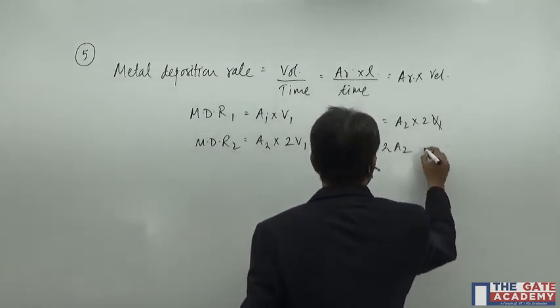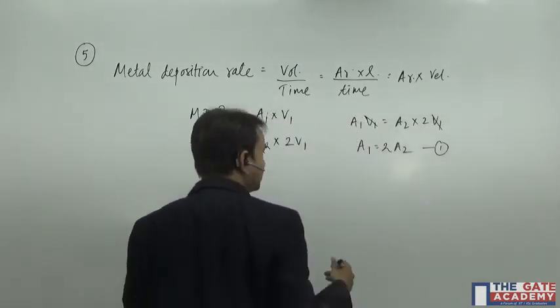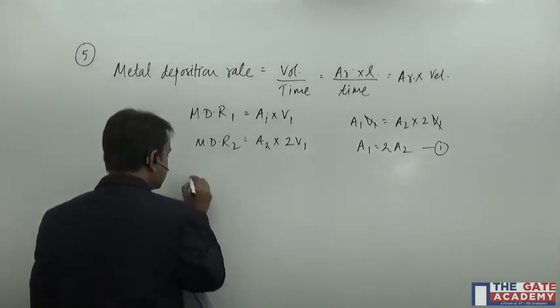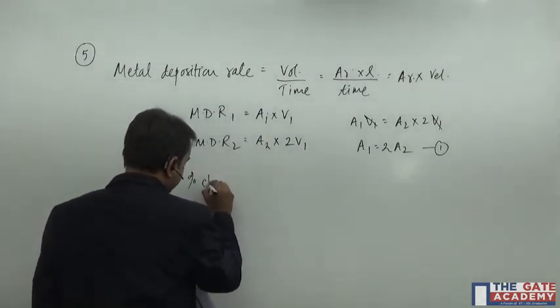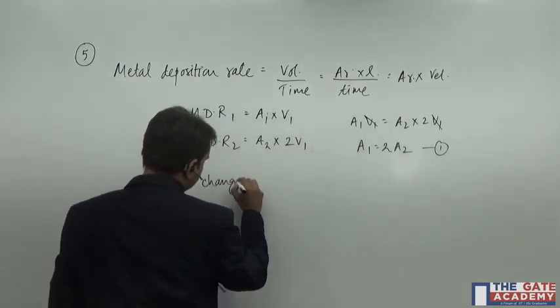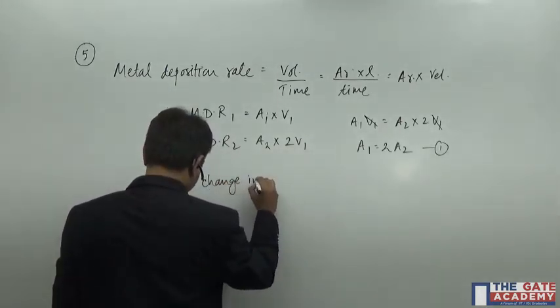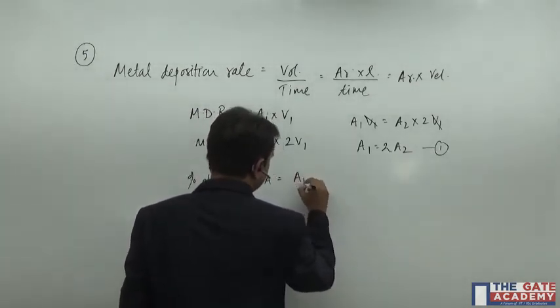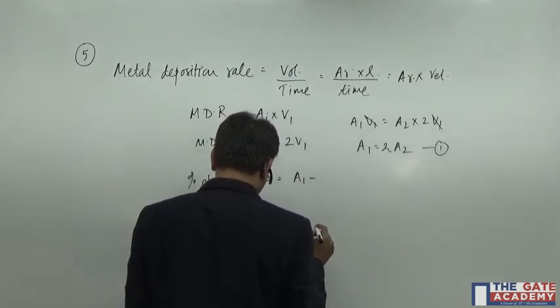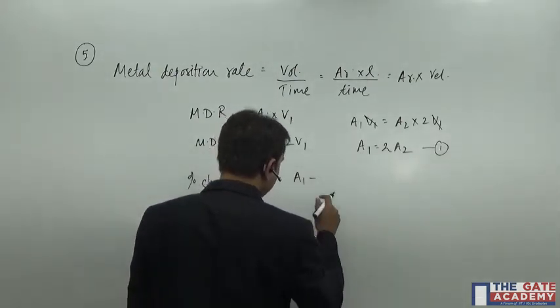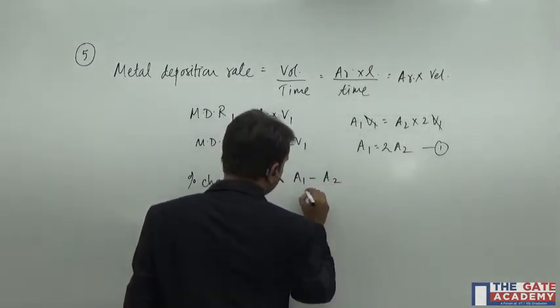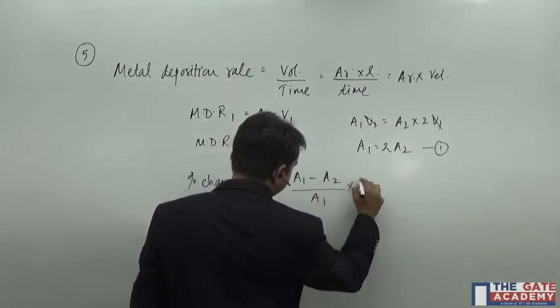Suppose let us call it the first equation, and we have to find out the change in area. For that, we need the percentage change in area, which is nothing but A1 was the initial value, and this is A2 divided by A1 into 100.